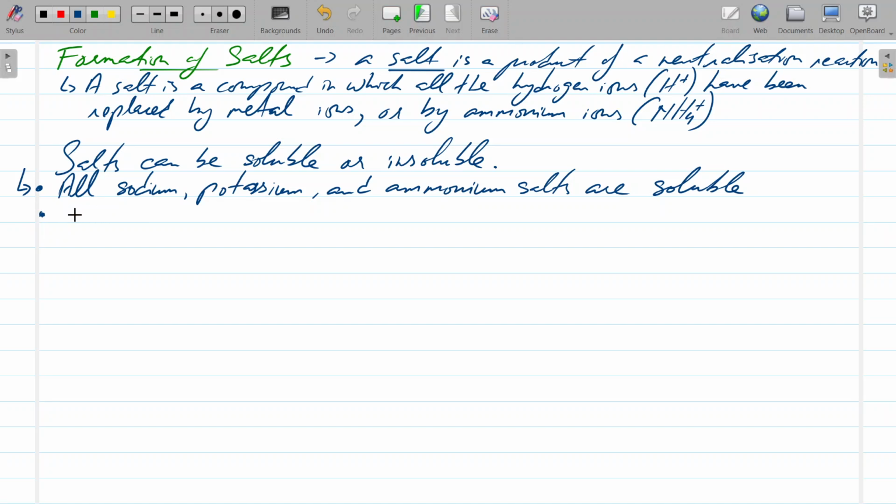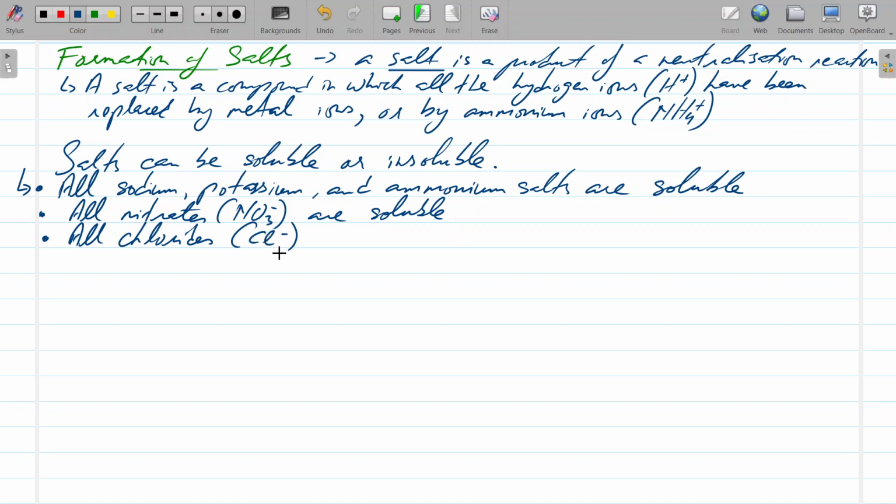All nitrates are soluble. All nitrates meaning having this anion that is coming from the acid. All chlorides are soluble. We've come across chlorides, the Cl minus.